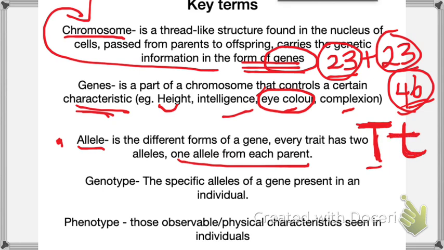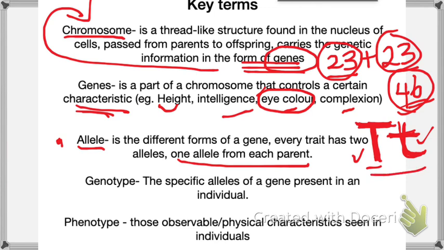smallness. Let's say your mother was short, your father was tall. So your father gives you that tall allele. I think I said the mother just now, but let's say the mother gives you the tall allele and the father gives you the short allele. You'll get one from mother, one from father. One from father, one from mother. Right?